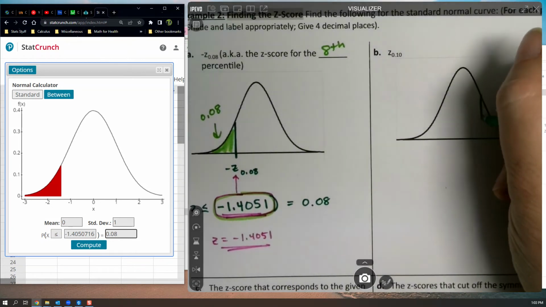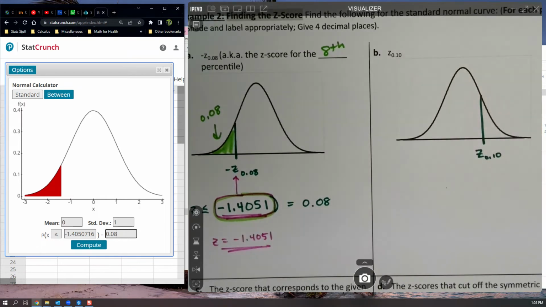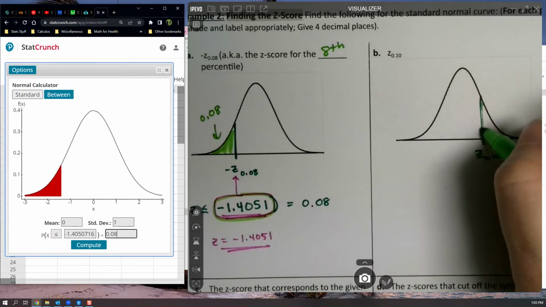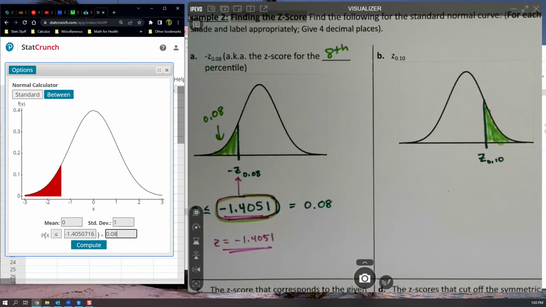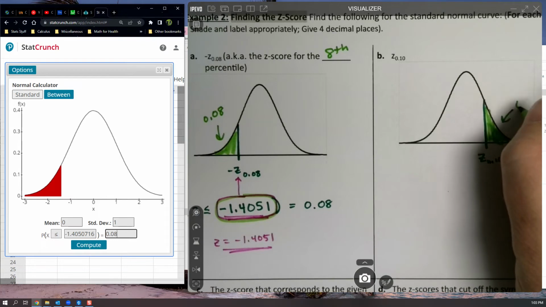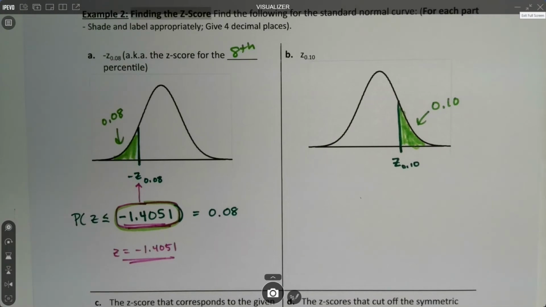So it's going to be over here. There's a z with a 0.10, area to the right. That area is 0.10. Again, this was all discussed 2 pages ago, but now maybe it makes sense to you.